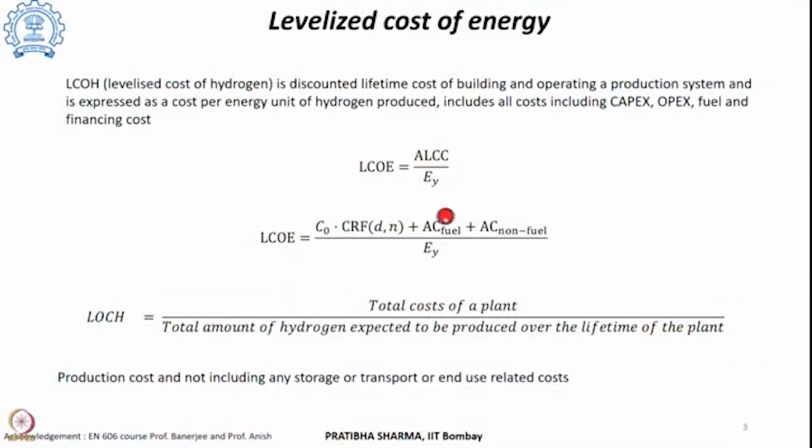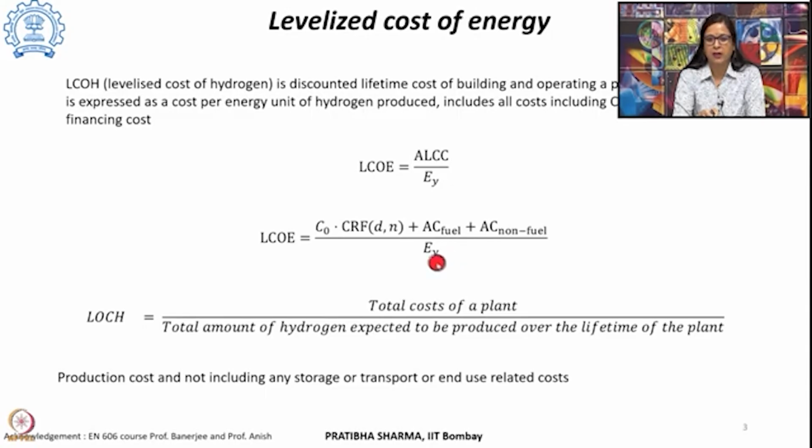We can find out also the levelized cost of energy by dividing the annual life cycle cost by the amount of energy that plant is going to produce over its lifetime. So, the life cycle levelized cost of energy is given by the annual life cycle cost, which is the initial investment times the capital recovery factor and the expenses associated with fuel related and non-fuel related operation and maintenance, divided by the total energy being produced during the life cycle of the plant. That gives the levelized cost of energy.